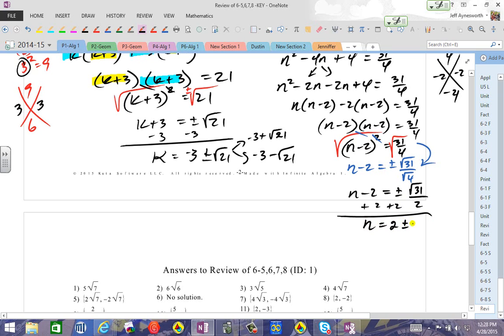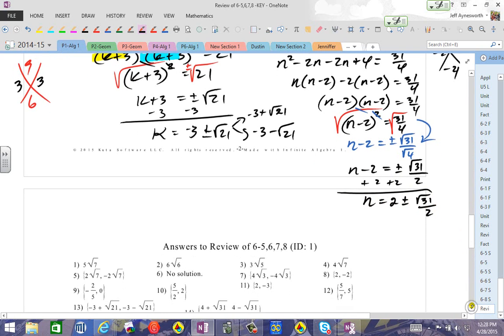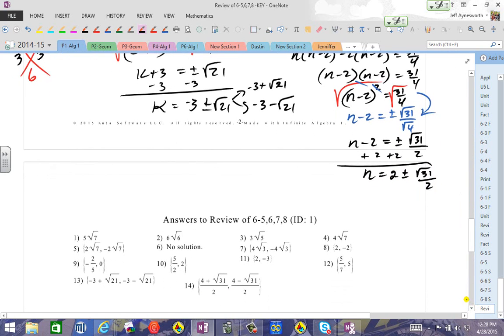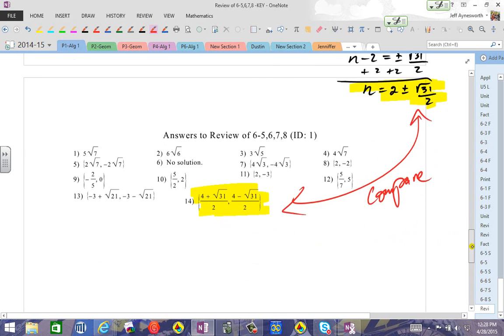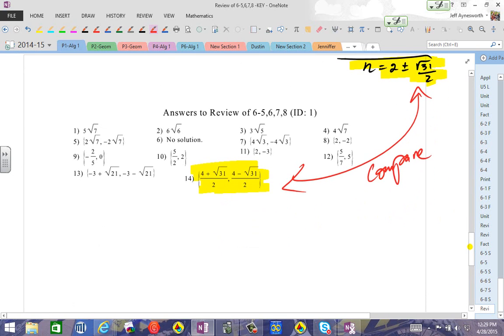And that's it. Now if you look at the answer, you'll see this right here. Now look at the answer. And these answers look different than this, right? So compare. Believe it or not, they're the same. So let me show you that. So you may not believe me, okay? If you want to compare these two, all you have to do, divide here and divide here.